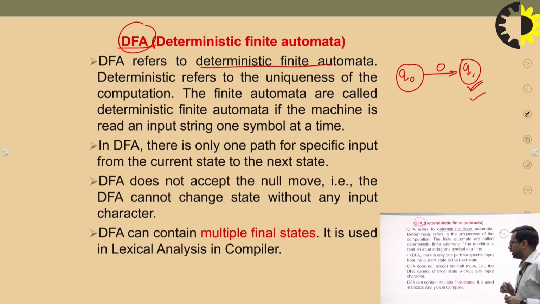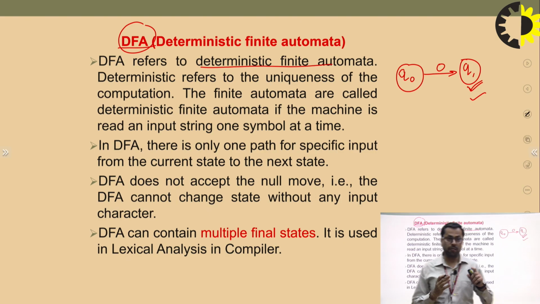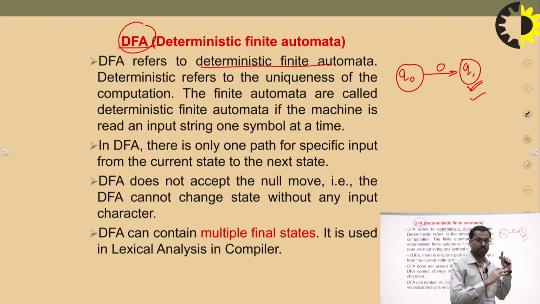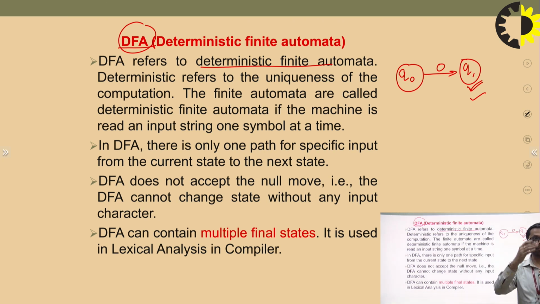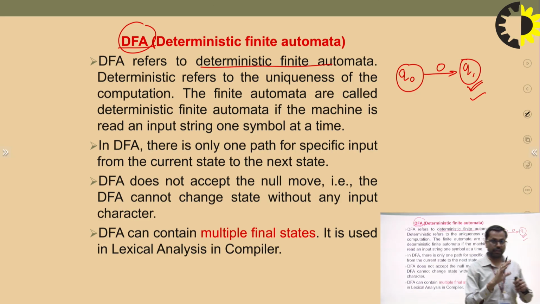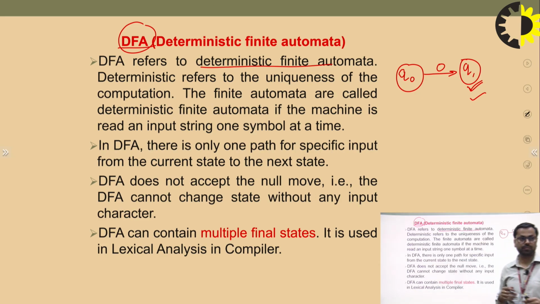In DFA, there is only one path for a specific input from the current state to the next state. That means when we apply the input to the particular state, we go to one particular state only. DFA can contain multiple final states. After applying the inputs to the intermediate state or the initial state, we can move to multiple final states. It is the basic idea of the DFA.